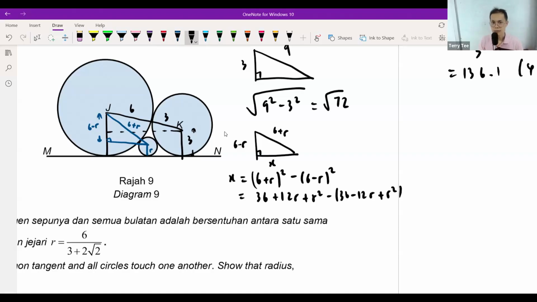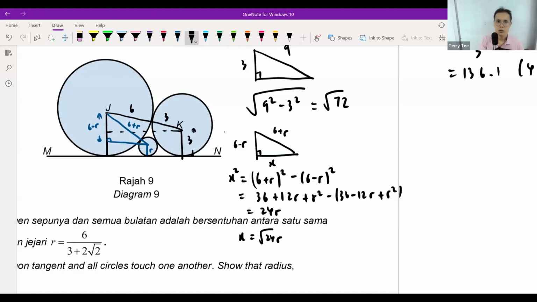The 36 minus 36 is 0. 12r plus 12r is 24r. Remember, there's an x squared here, I'll square root it later. The r squared minus r squared disappears. So your x is square root of 24r.